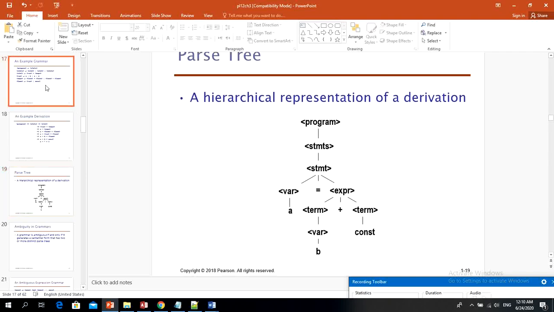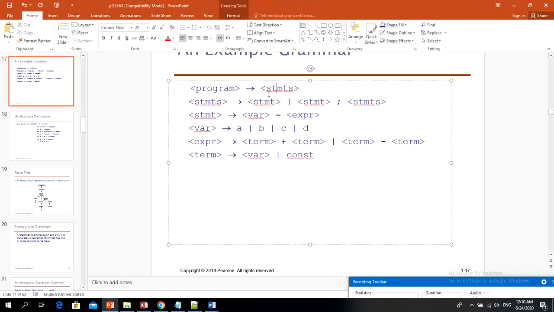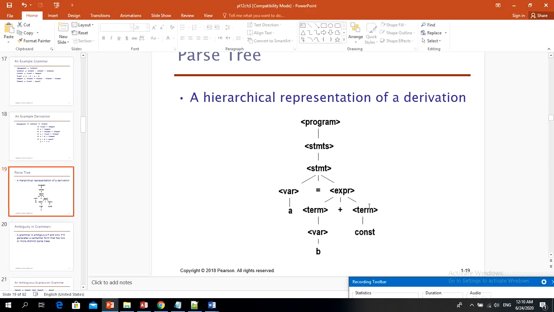It is the same as this one: program, statements, determine statement or statements. And a statement could be a variable which leads to an expression, and a variable could be one of these constants, and so on. But I'm just using it in a hierarchical tree, in which program leads to statements.